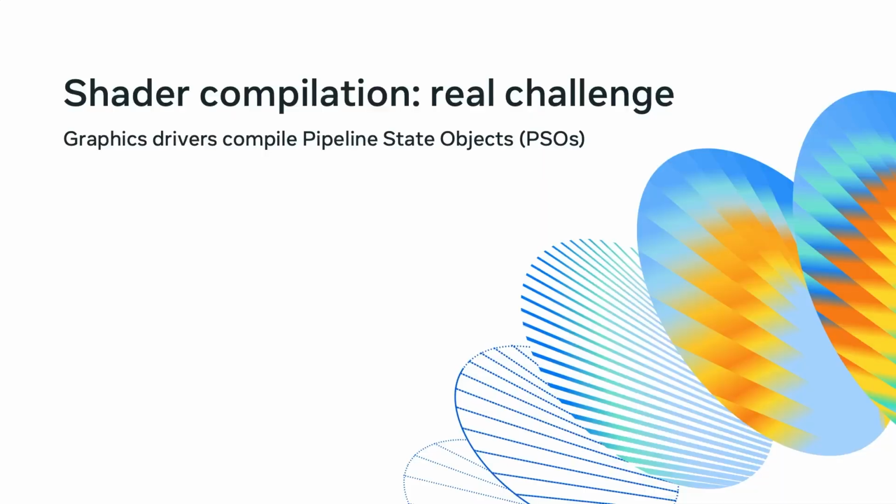So for now, we'll stick with these two answers, but you guys just covered a lot of the pain points. As a quick primer for everyone else in the audience, maybe some people who aren't aware of these struggles, the reason this is a problem is that graphics drivers, namely graphics APIs like Vulkan, which is the dominant API on Quest, compile what's known as pipeline state objects for your apps to even be able to render.